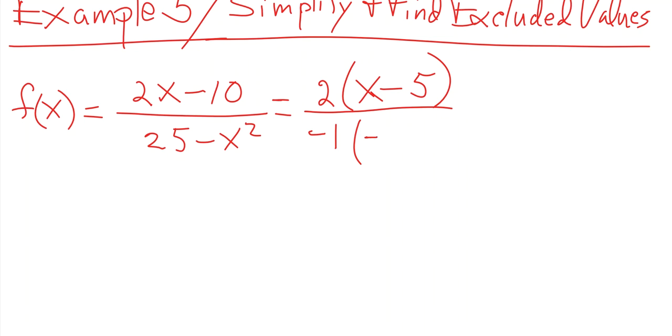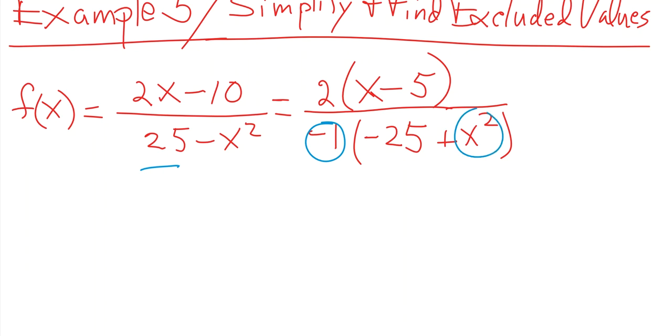So if I put minus 25, then -1 times -25 gives positive 25, right? And now I need a minus x squared. So if I put plus x squared, then -1 times positive x squared gives minus x squared.